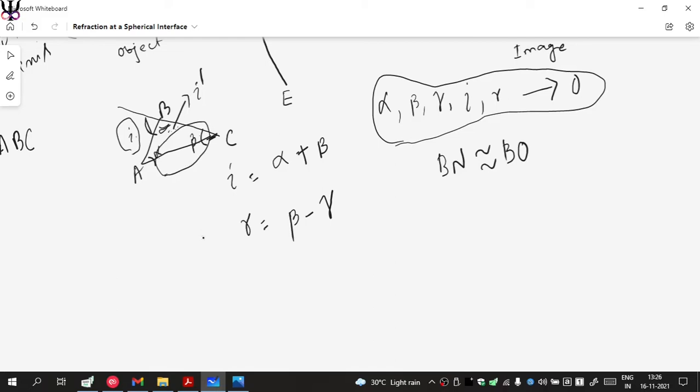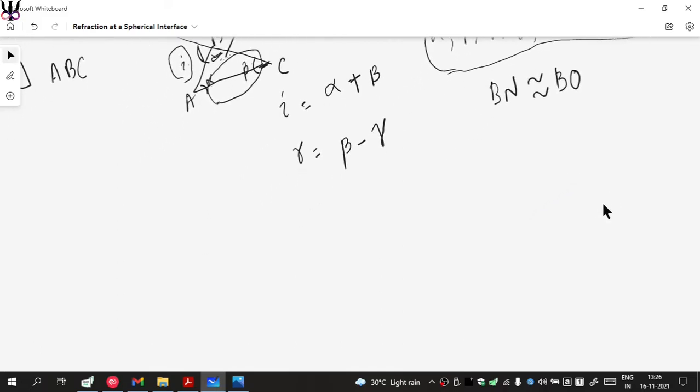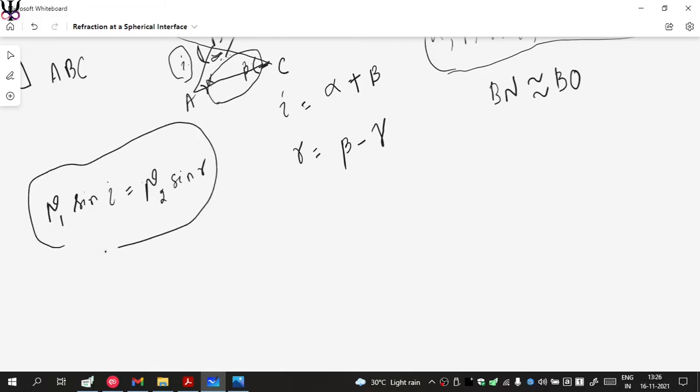Now we know that when we use Snell's law for refraction, mu1 sin I is mu2 sine of R. That's Snell's law.